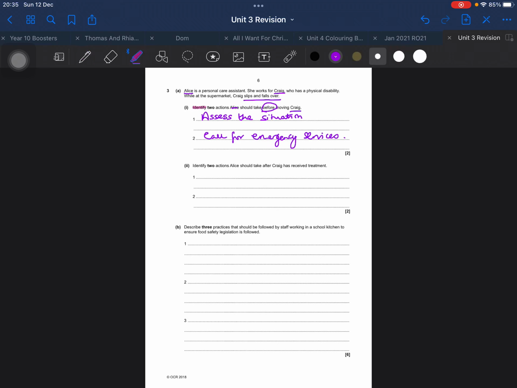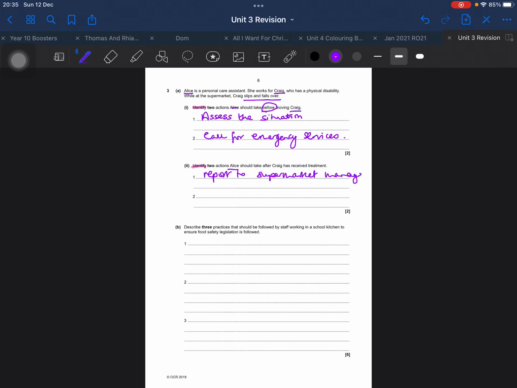Right. Identify, so again identify 2 actions that Alice should take after Craig has received treatment. So once everything with Craig is okay and the ambulance staff are there and dealing with that, the first thing really would be to report it to the supermarket staff, maybe fill out an accident form. So report to supermarket.